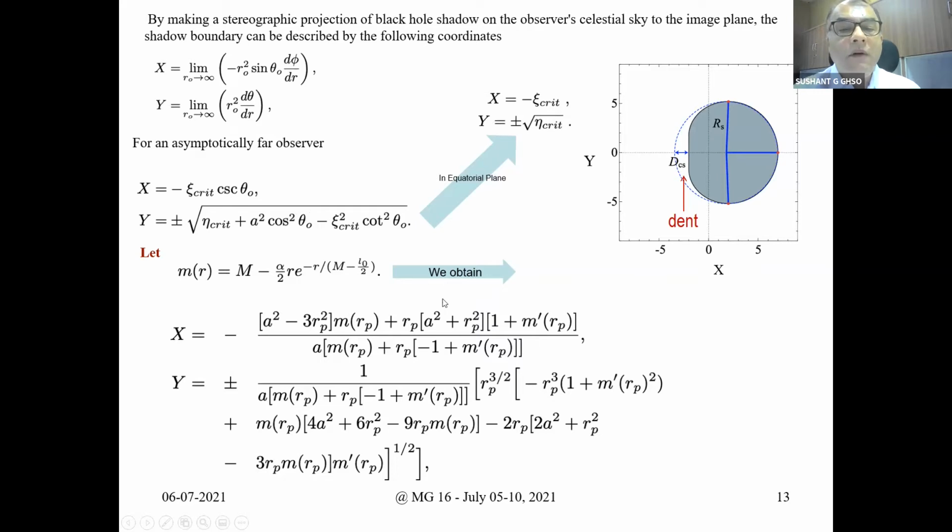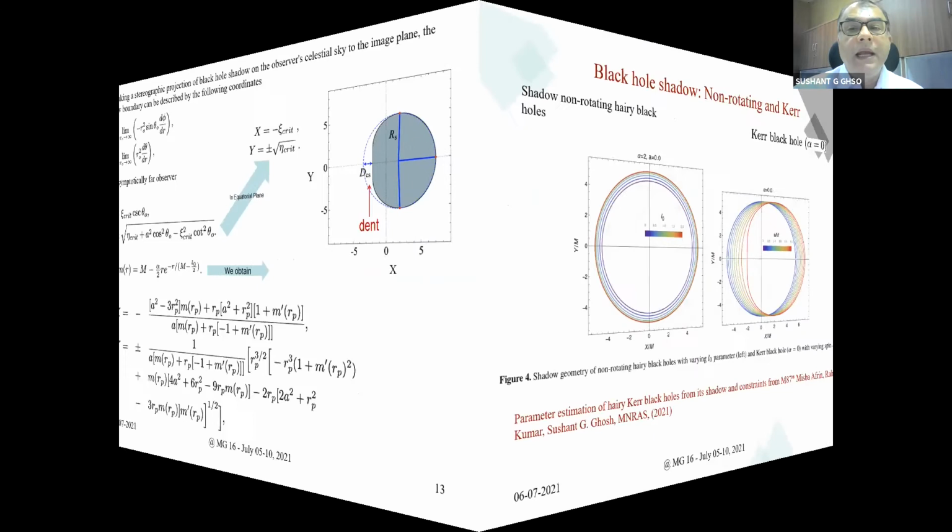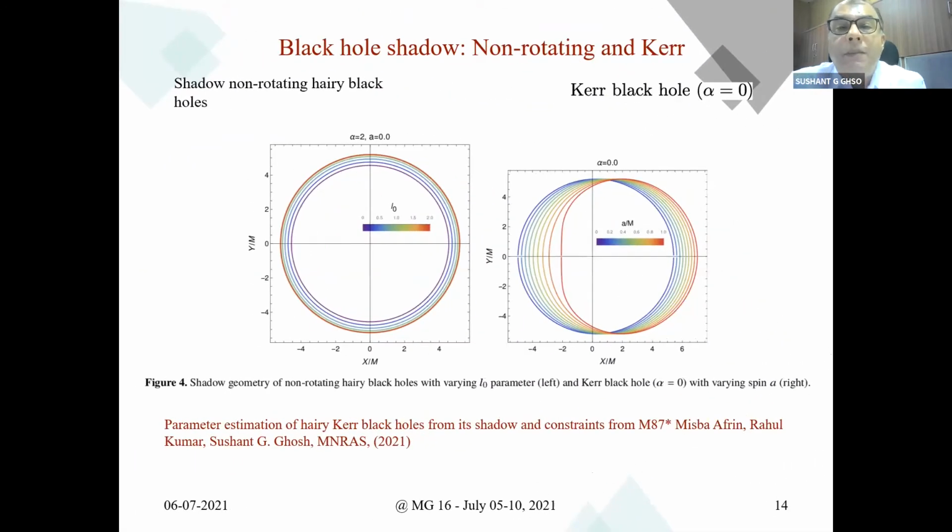We have written x and y in terms of the hairy Kerr black hole mass, where m of r is the mass, m is the mass of the Kerr black hole, and we have an additional term because of the hair. So this is the plot.